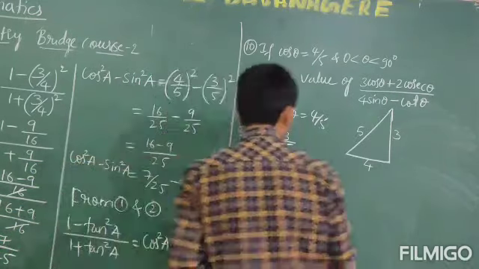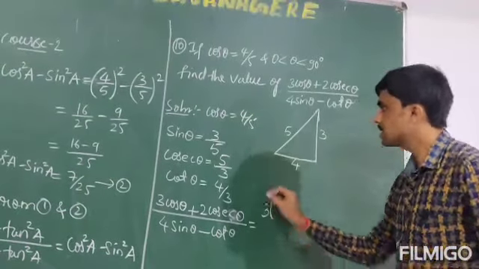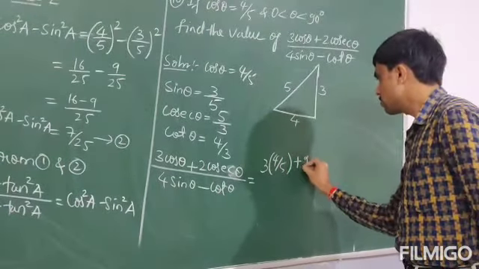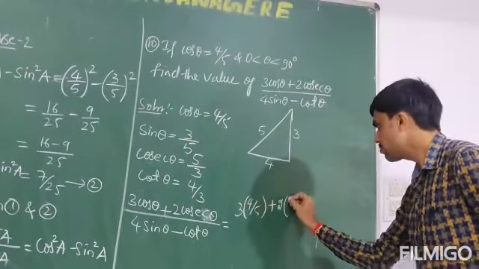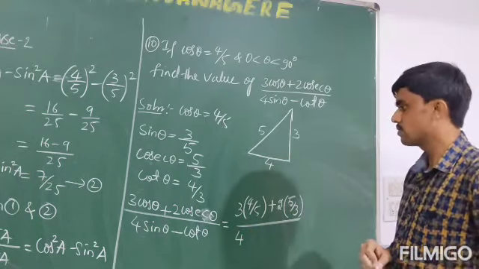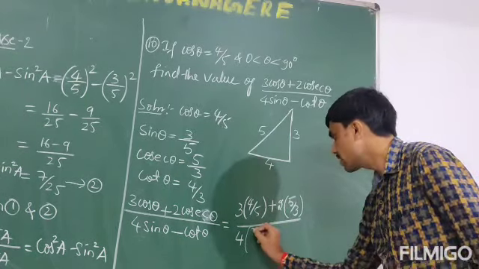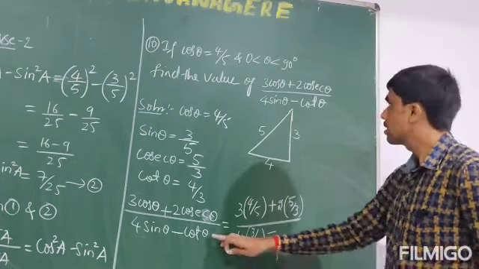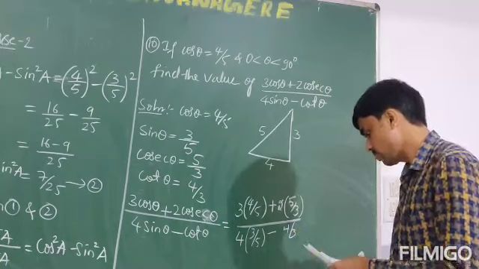Here, 3 into cos theta, whose value is 4 by 5, plus 2 into cosecant theta, whose value is 5 by 3, divided by 4 into sin theta. The sin theta value is 3 by 5, so 4 into 3 by 5, minus cot theta value, which is 4 by 3.